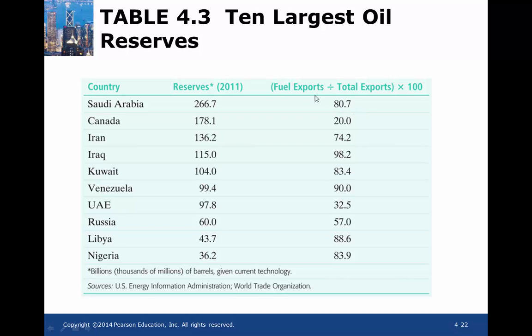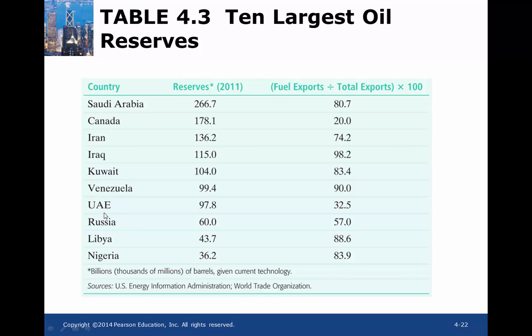What is the export? Look at here: fuel exports divided by total exports times 100. And you can see in the order, Saudi Arabia is on the top. Second is Canada. Third is Iran. Fourth is Iraq. Fourth is Kuwait. Fifth is Venezuela. Sixth is UAE.